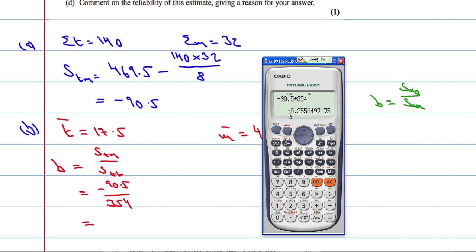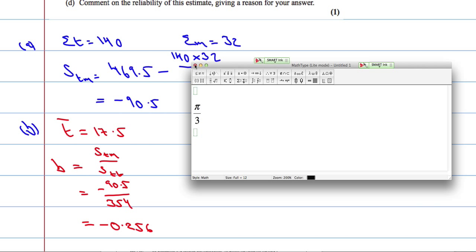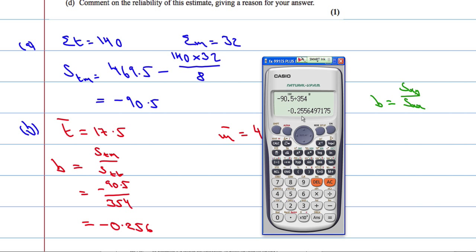I'm going to write it to 3 sig fig, minus 0.256. What I would say is write this down in full and use it in full, and don't do any rounding until the end. I'm just going to write it as minus 0.256 for now.